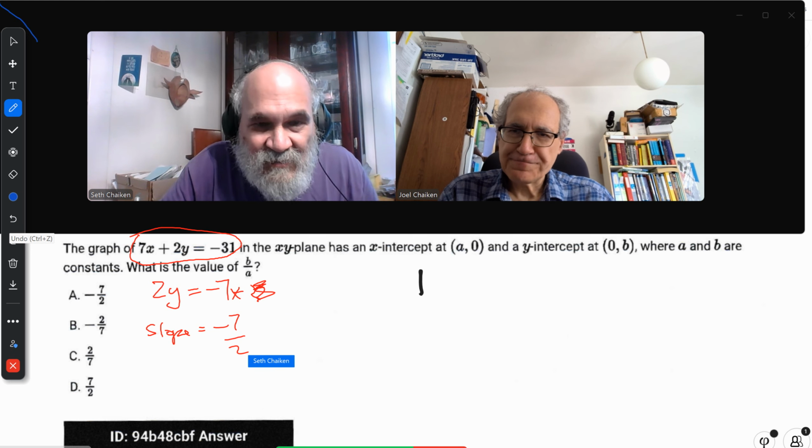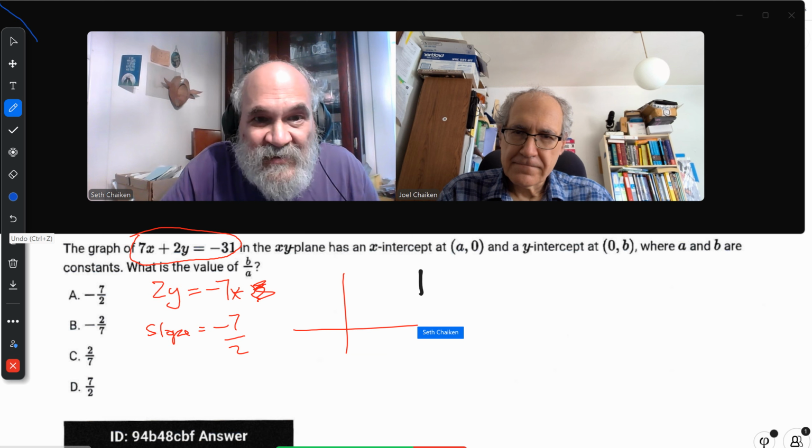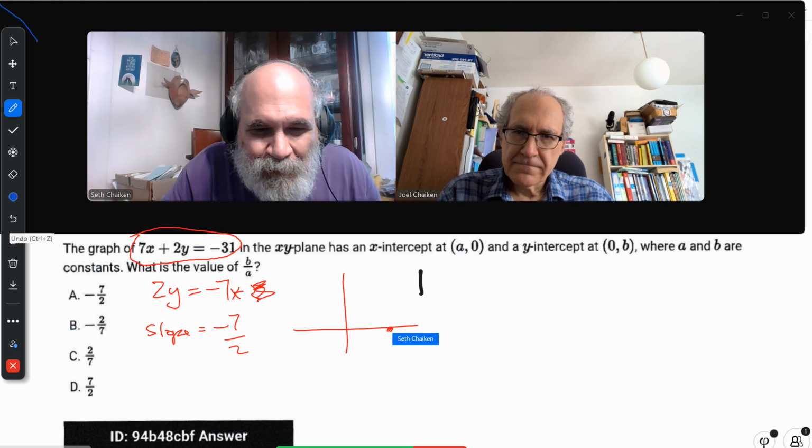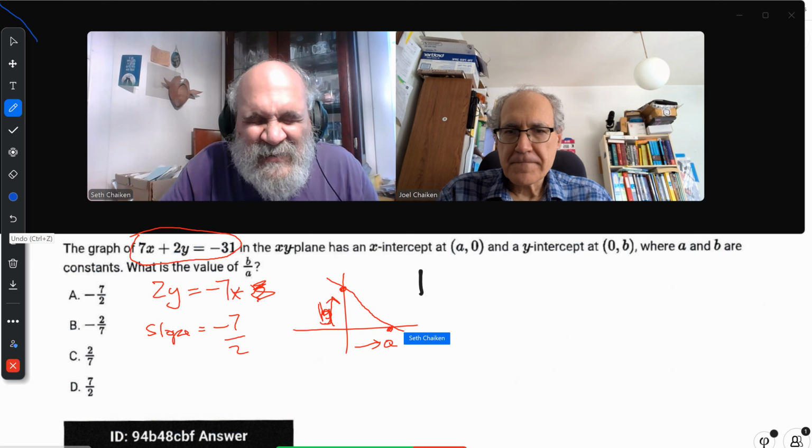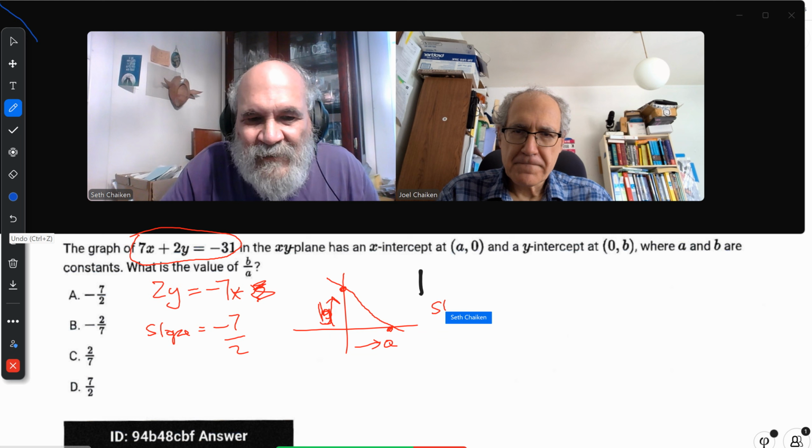Right. Now, draw a little picture. The typical x-intercept and a typical y-intercept. When a and b are positive, it has a negative slope. And that slope is minus b over a.